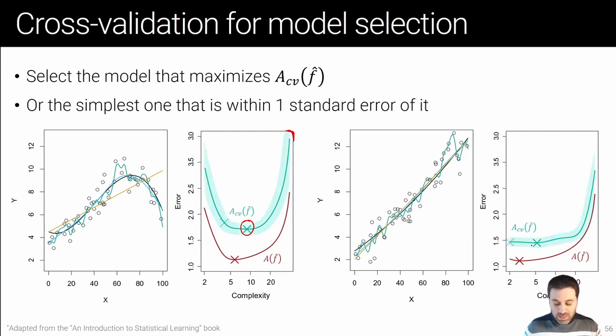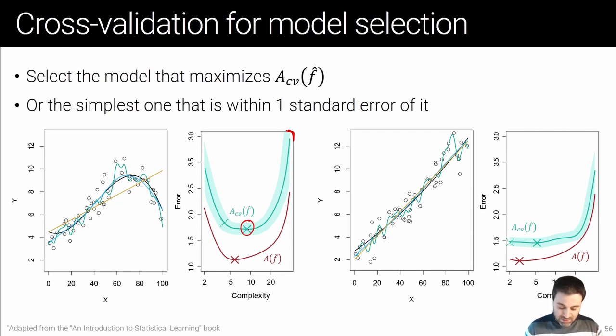And if we think about it, there is a certain degree of random error in this cross-validation line because it depends on the splits of the data. Something that we can typically do is plot as well the standard error of this line across folds. And then what we do is choose the model that is the simplest within one standard error of the optimal.